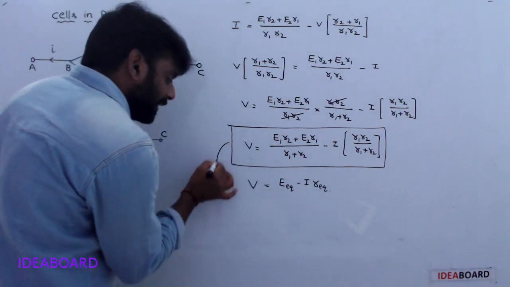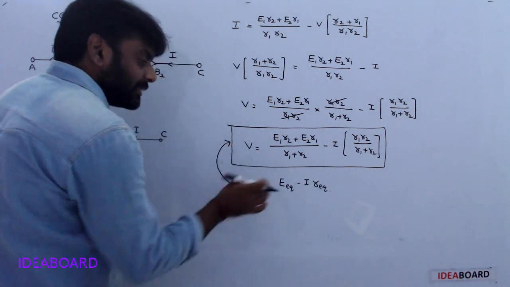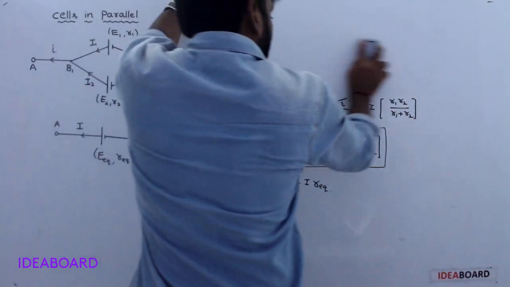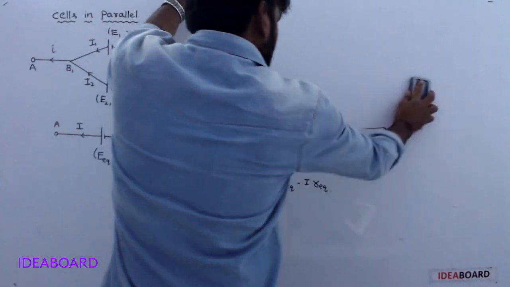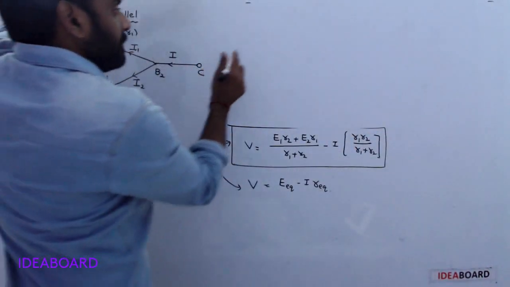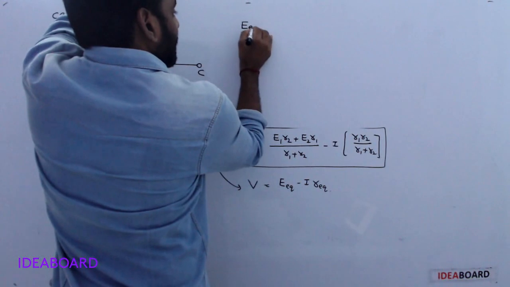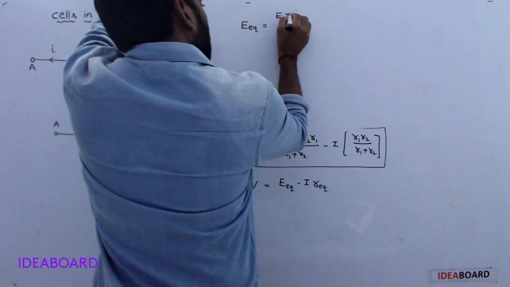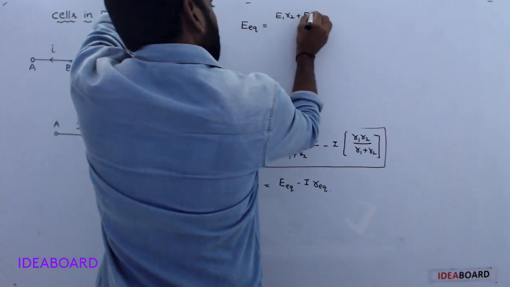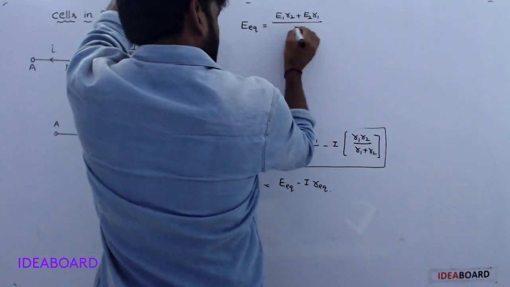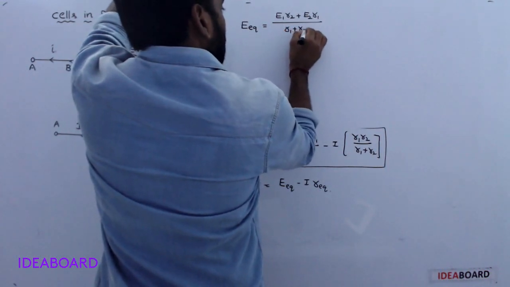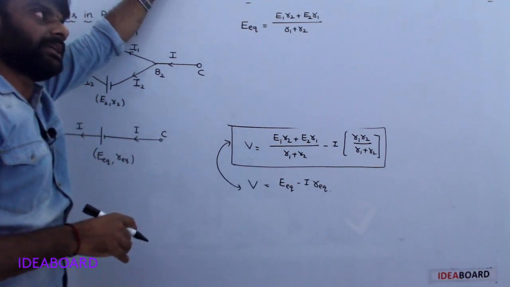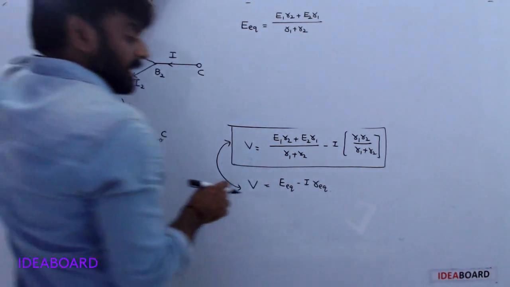Now compare these two equations. If you compare these two equations, E equivalent is equal to E1 R2 plus E2 R1 by R1 plus R2.